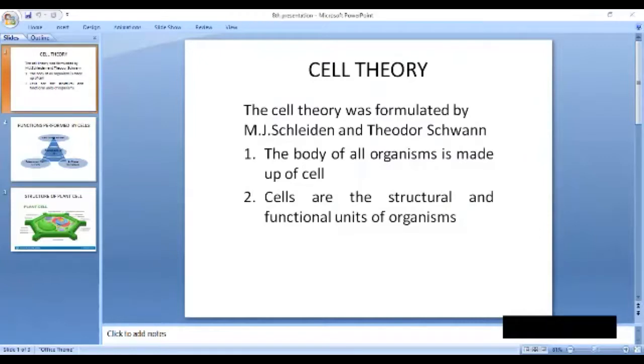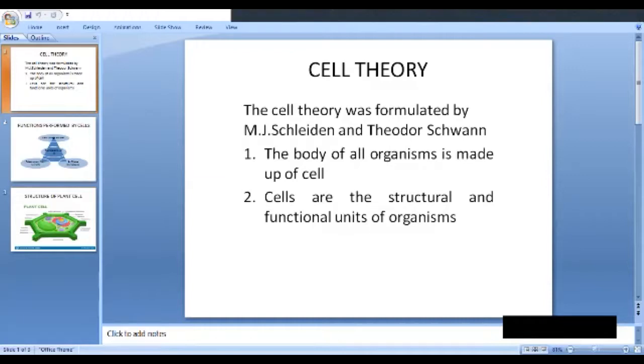The second point: cells are the structural and functional units of organisms. So, the cell theory is formulated by 2 scientists, M.J. Schleiden and Theodor Schwann. These are the 2 main points under the cell theory.